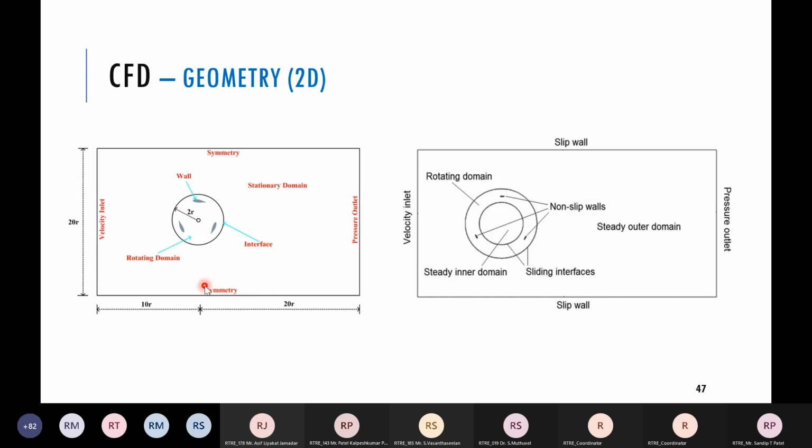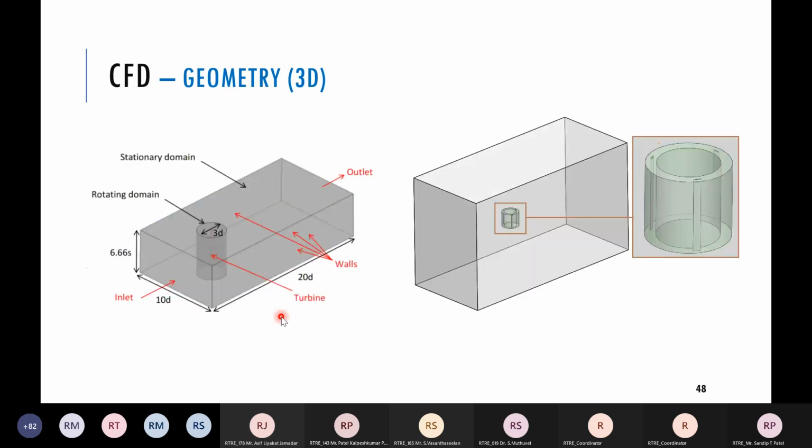So that is again a trade-off. Fine. So generally upstream is 10D, downstream is minimum 20D. Nowadays people are keeping it 100D. Fine, 100D, not 20D. And over here 40D, upstream is 20D. So that much large domains are preferred nowadays.